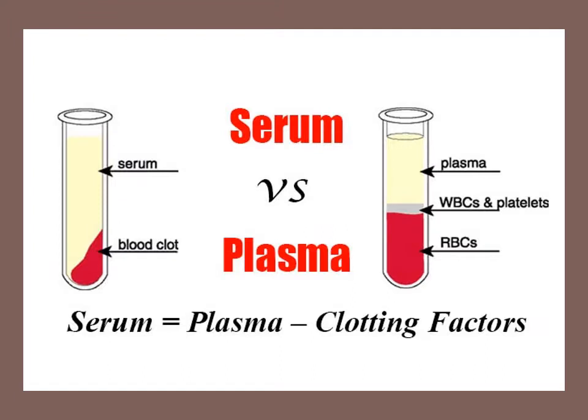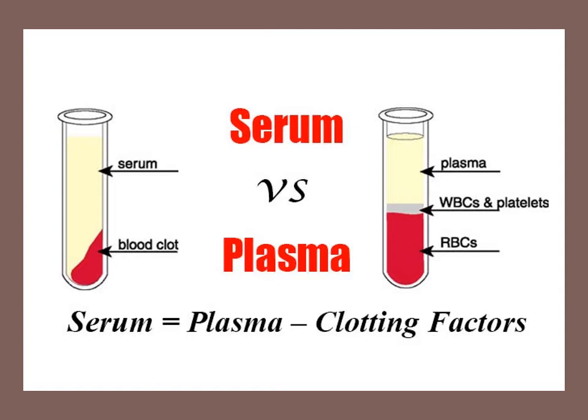Okay, so what's serum versus plasma? Well, serum is just plasma with all the clotting factors that have been removed, or they've been involved in the clot within the test tube. Okay? So look at the test tube on the right. That's exactly what it looks like when you spin it down.